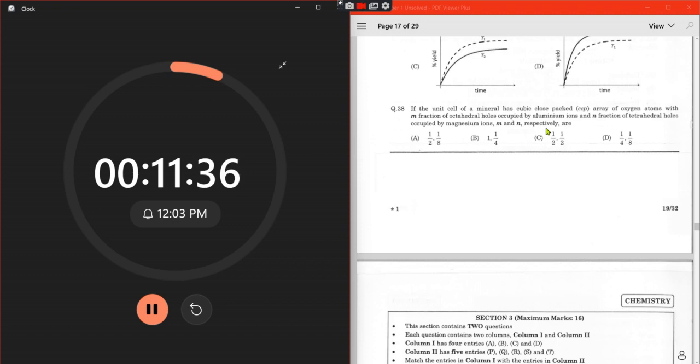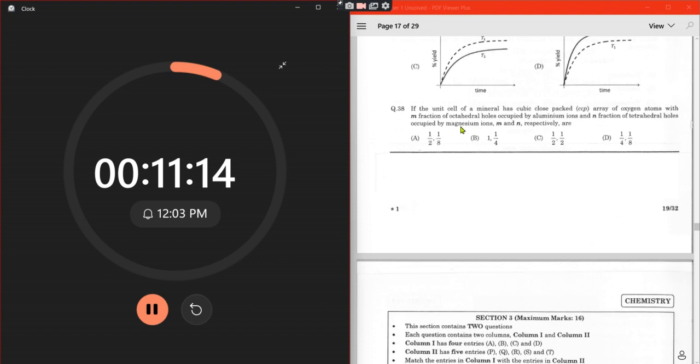It's either spinel or inverse spinel. क्या एंड क्या बोल रहे हैं? एम फ्रैक्शन ऑफ ऑक्टाहेड्रल voids occupied by aluminium ions. और कुछ और नहीं दिया है, बस इतना ही दिया है. ओके, टेट्राहेड्रल voids ज्यादा रहेगी, उसमें कम करना है.